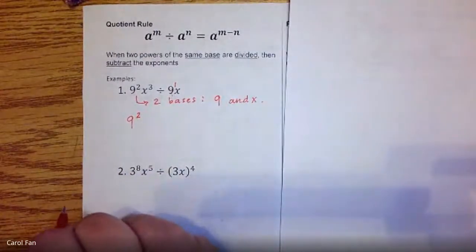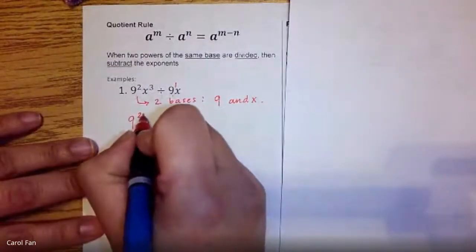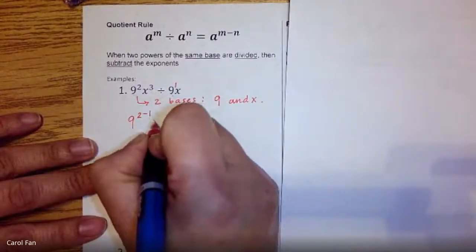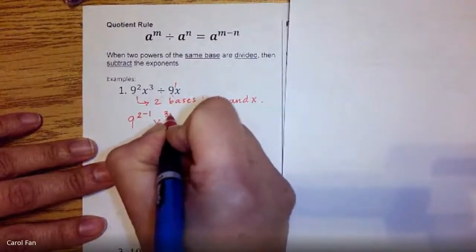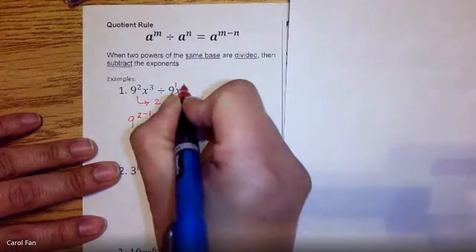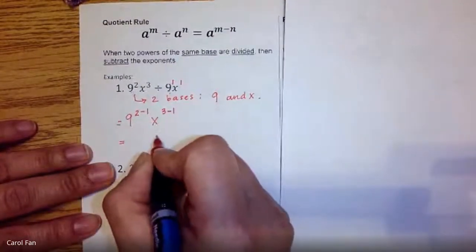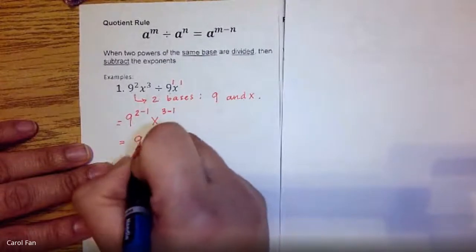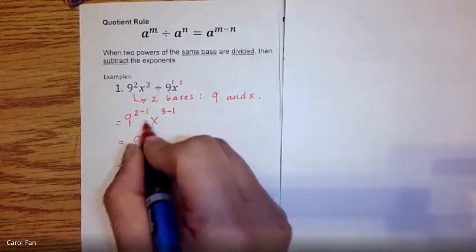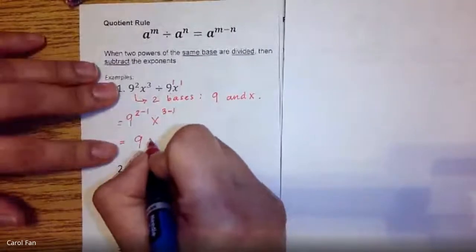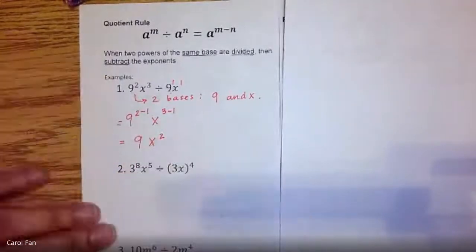It's an imaginary one, but it's there. So I have 9 squared minus 1, and then we have x to the power 3, also minus 1. Now, that's our optional step, whether you want to show it or not. Finally, I have 9 to the power of 1 and x to the power of 2.